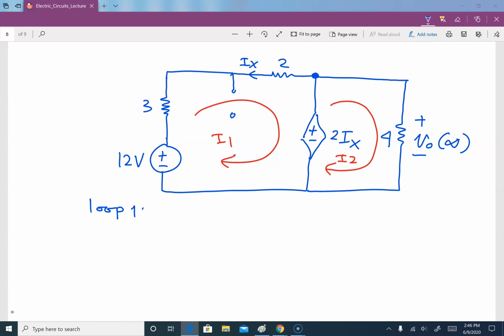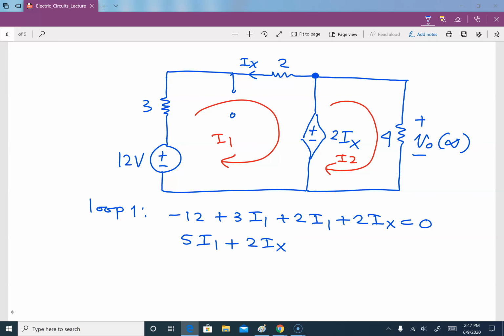So loop 1, that is minus 12 plus 3I1 plus 2I1 plus 2Ix is equal to 0. So in this case, we have 5I1 plus 2Ix is equal to 12. And this is our first equation.